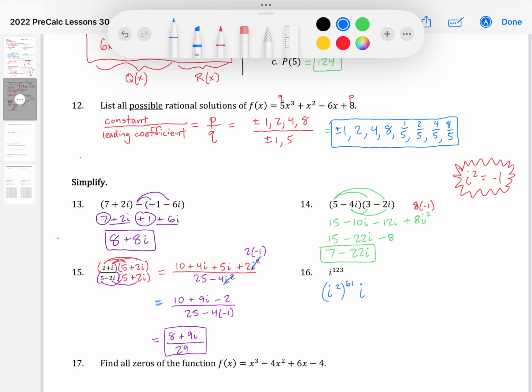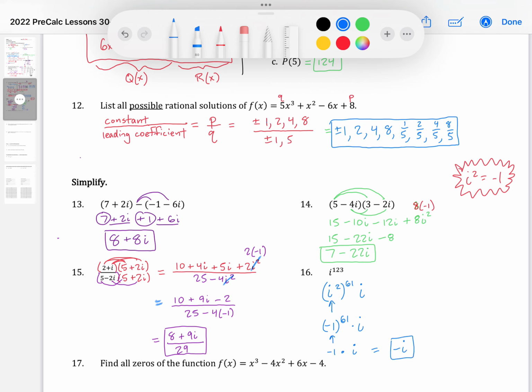Now the reason I chose i squared to some power is because I know i squared is negative 1. So this turns into negative 1 to the power of 61 times i. And any negative 1 to an odd power is just going to end up being negative 1 times i, and negative 1 times i is negative i.